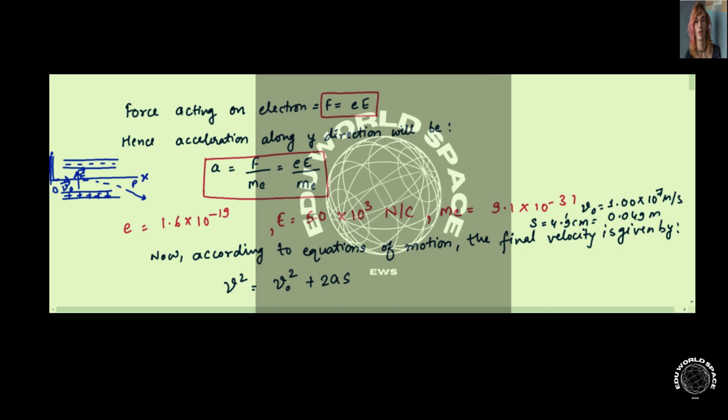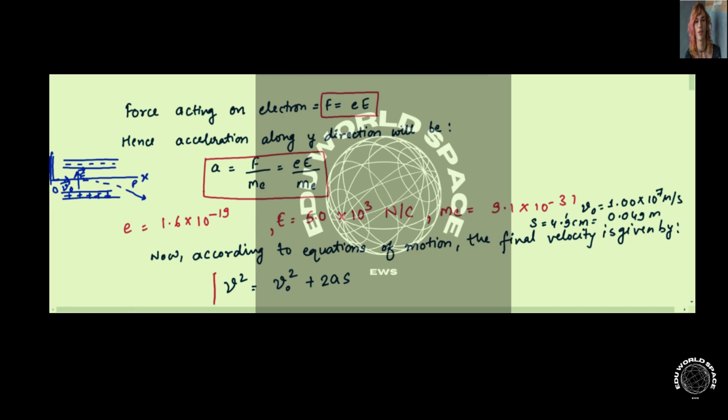So from the equation of motion, we can find the V value, which relates V and V naught. But we don't know a also. We know s, which is 4.9 centimeters, so that is 0.049 meter.